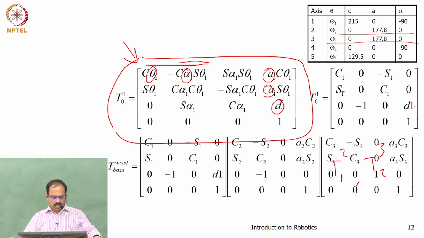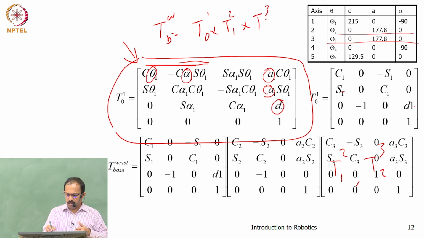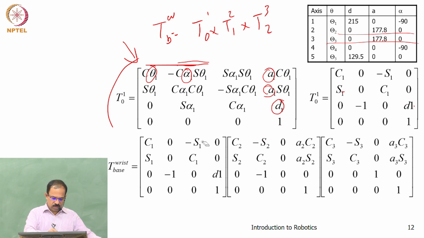Finally, the wrist to base. If I bifurcate this into wrist and base, and wrist and tool, then wrist to base is T10, T21 and T32. Multiply these three matrices, and that is going to be the wrist to base transformation.